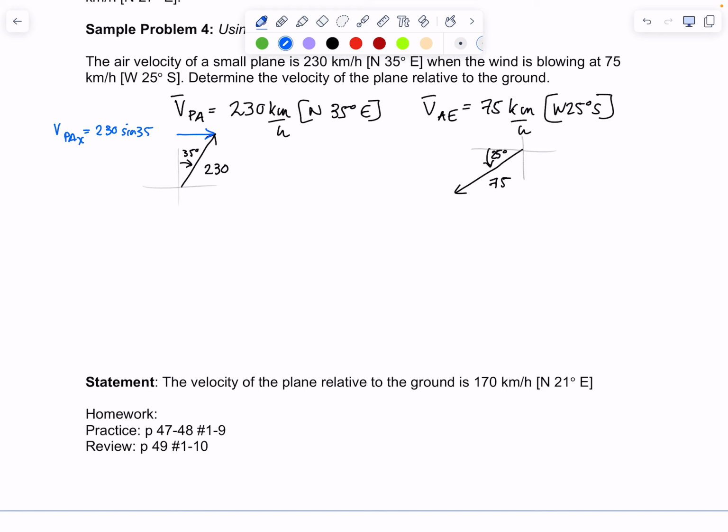If we punch this in, we end up with 130 kilometers per hour east. The velocity of the plane relative to the air in the y direction is going to be 230 cos 35 degrees. If we punch this in, we end up with 190 kilometers per hour north.